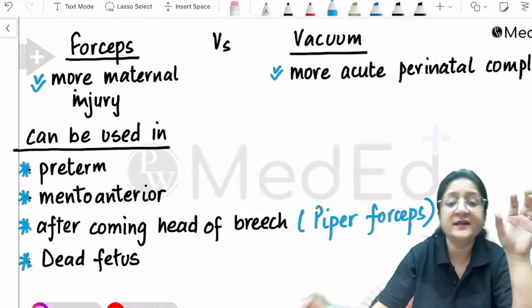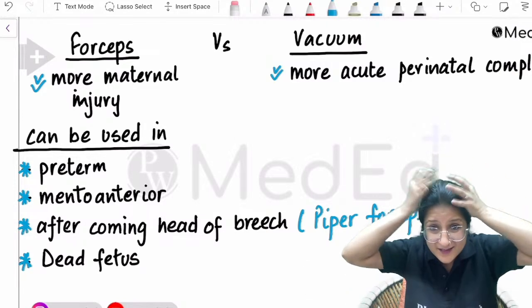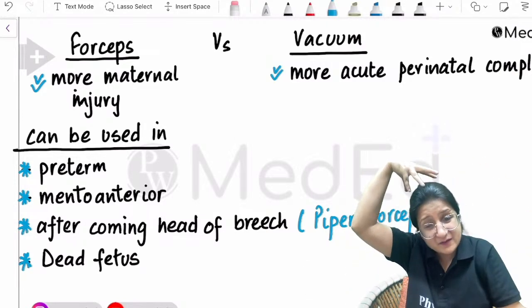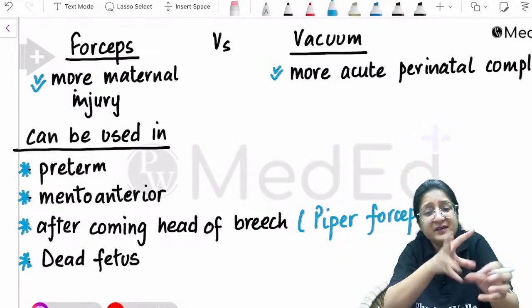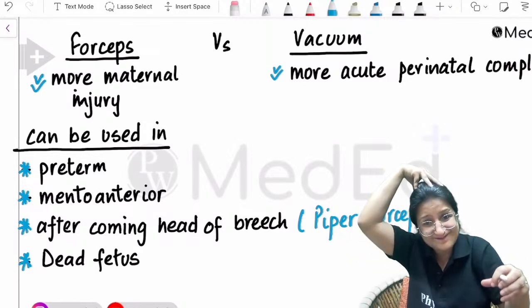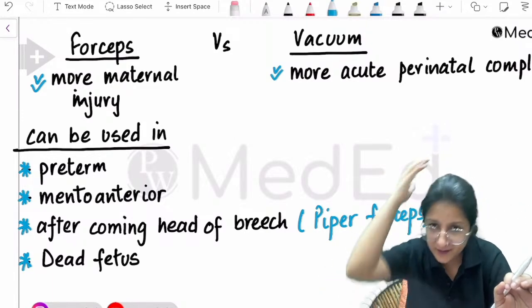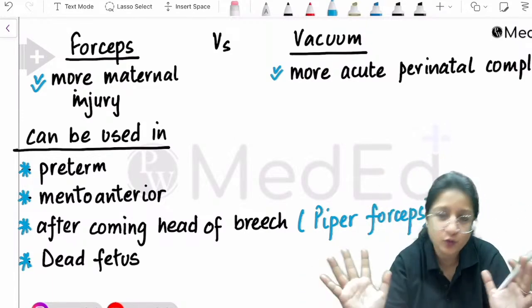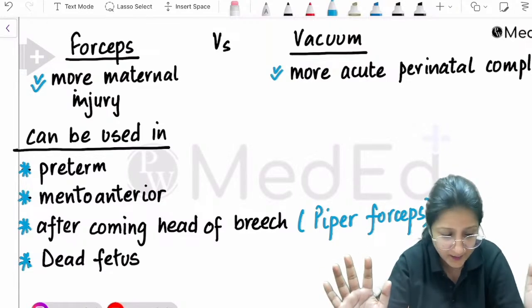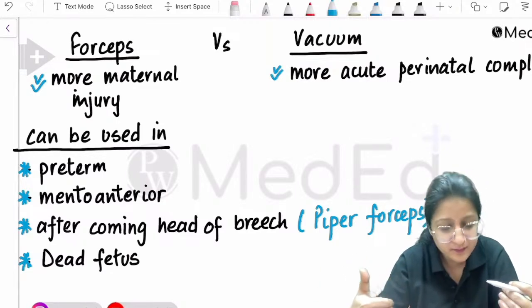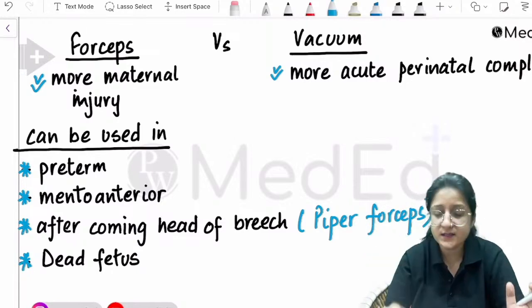If there is a dead fetus with a macerated head, you want to apply vacuum on a macerated head? It won't hold. So if at all any instrument on a dead fetus's head, it could be forceps, but it will not be vacuum.